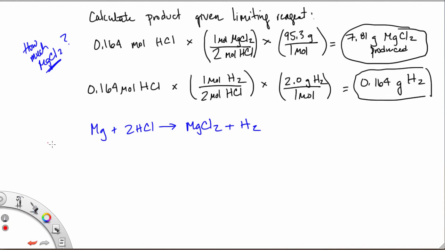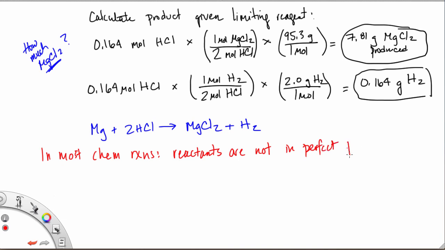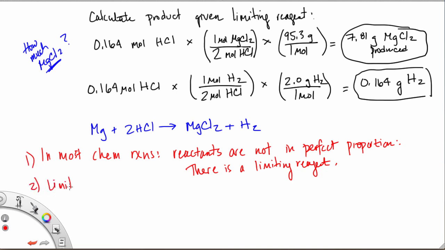So to summarize, and let's put this in red, in most chemical reactions, reactants are not in perfect proportion to each other. What does that mean? Usually it means there is a limiting reagent. Number 2, the limiting reagent controls how much product is being made.